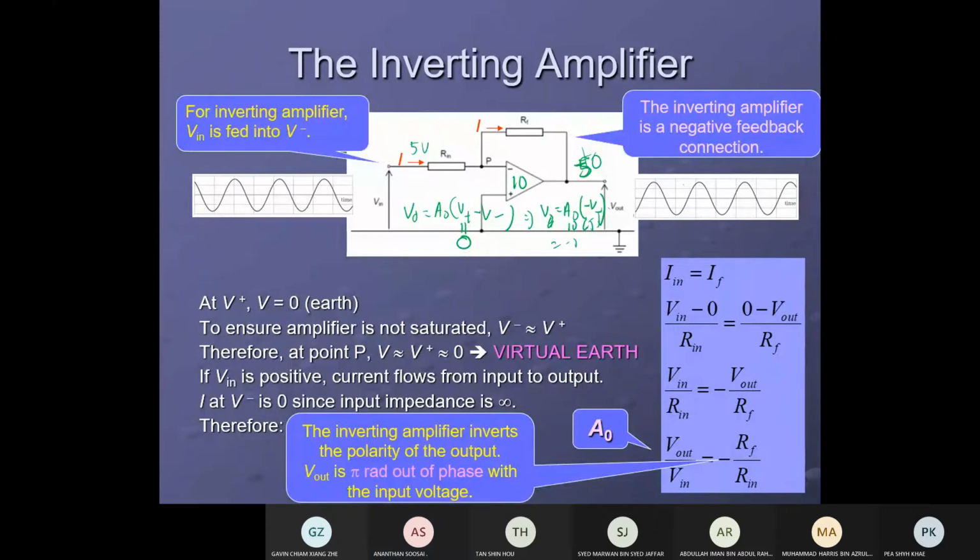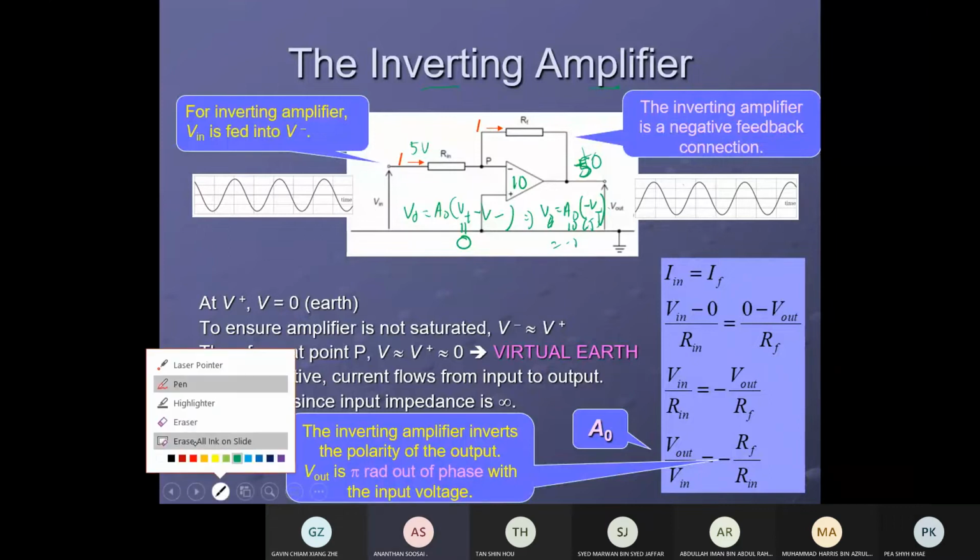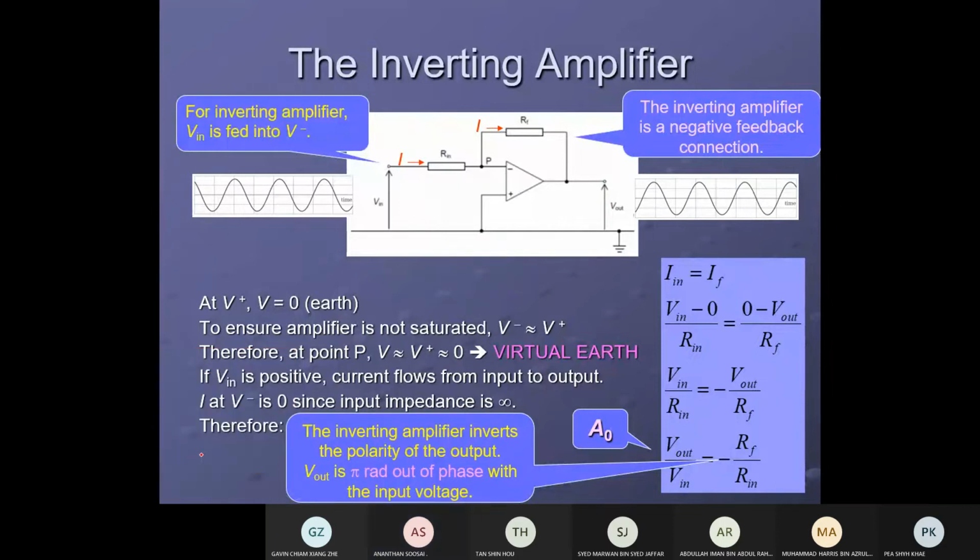This is called the inverting amplifier. In the exam, they won't tell you whether it's an inverting amplifier or a comparator. You should know. How to know? Check. If it's an inverting amplifier, it should have feedback. The input must be at the negative.